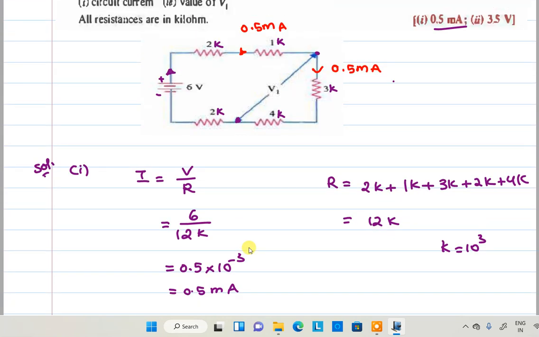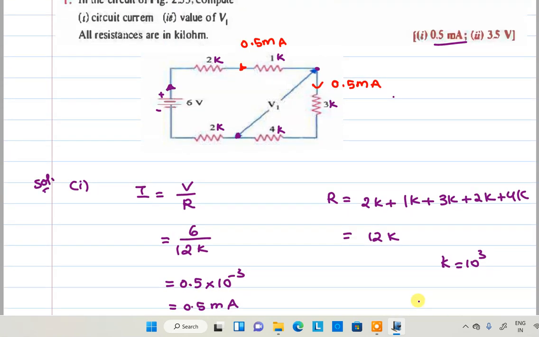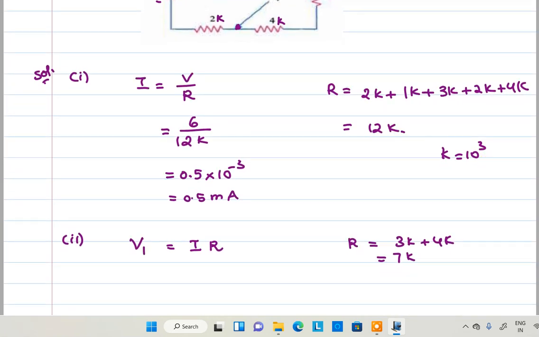But here there is not a single resistor, two resistors are in between, connected in series. So the R value is equal to 3k plus 4k, that is 7 kilo ohms.